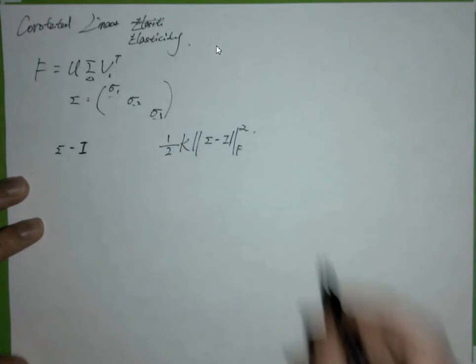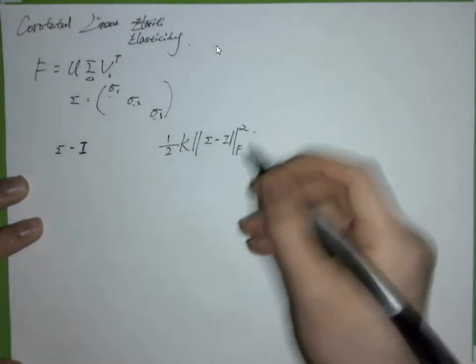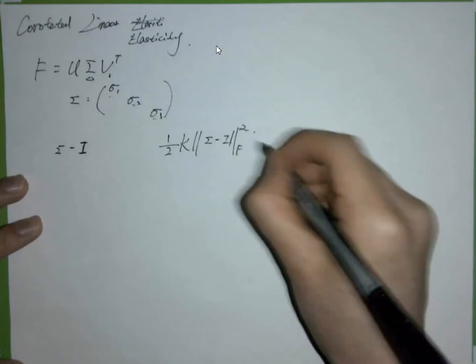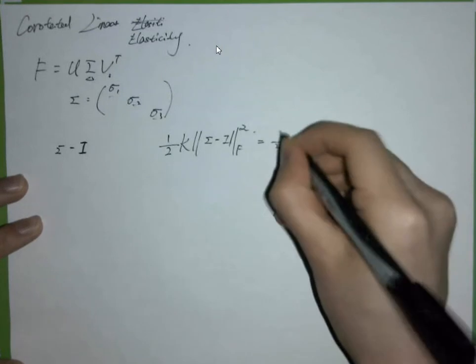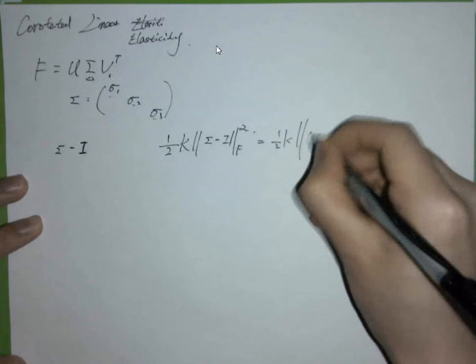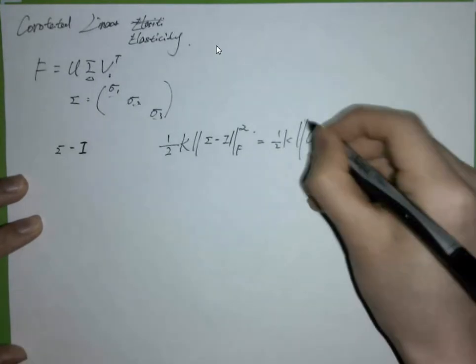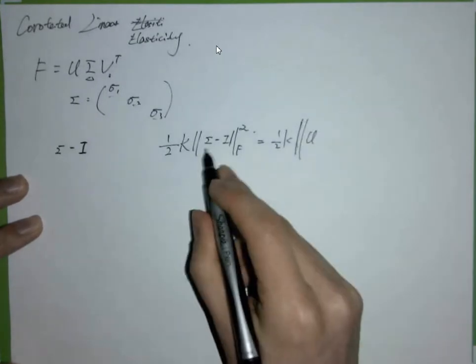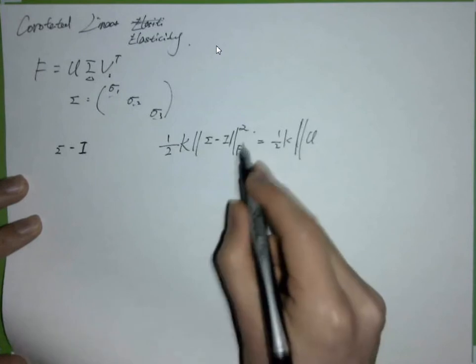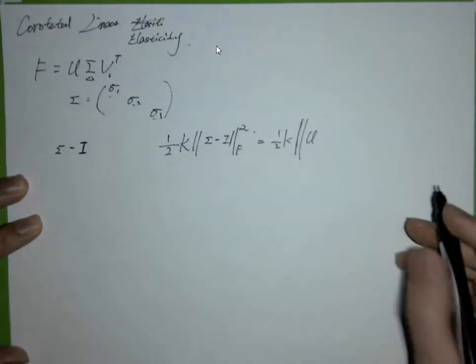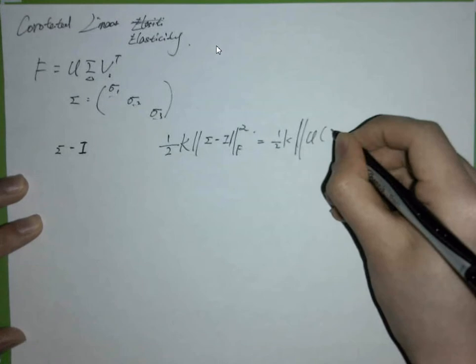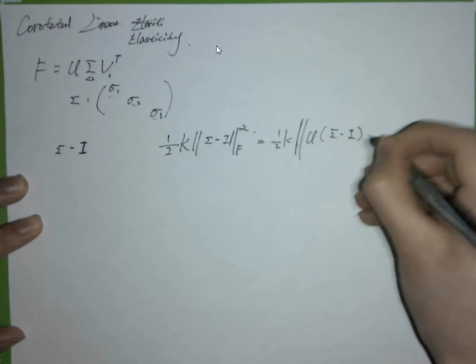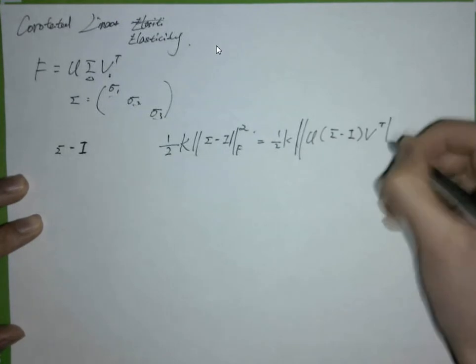Because this is a Frobenius norm squared, I can also write it as 1/2 of K, and I'm going to multiply the rotation matrix back, because multiplying by an orthogonal matrix inside the Frobenius norm has no effect. So it is sigma minus I multiplied by V transpose, Frobenius norm squared.